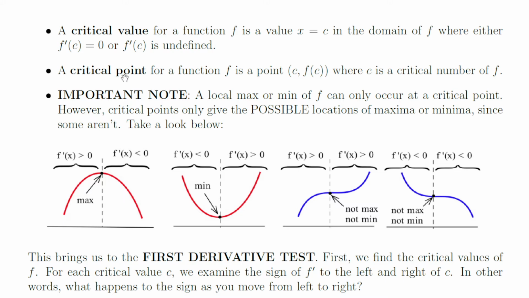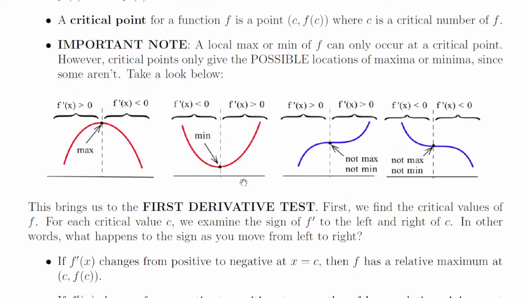The critical point is really just the corresponding point associated with the critical value. So we take the x value that we get with the critical value, and we sub it back into the original equation, not our derivative, our original equation, and then we'll get our critical point. Okay?